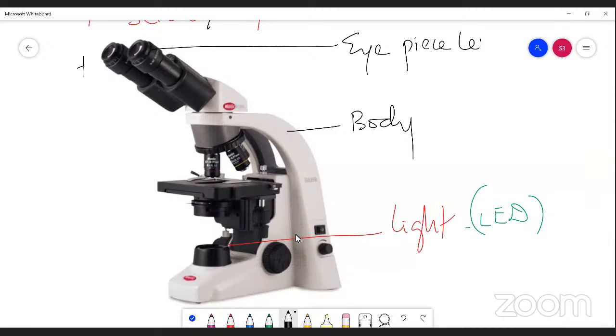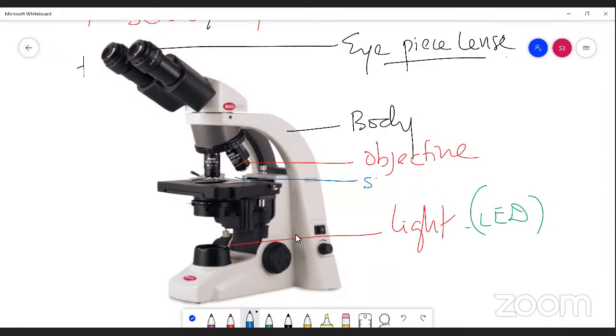This eyepiece lens is very close to the eye, and you can see the objective lens. Now, this is an objective lens, right? Actually, this objective lens is a lens which is very close to the specimen. Now, this is called a specimen.